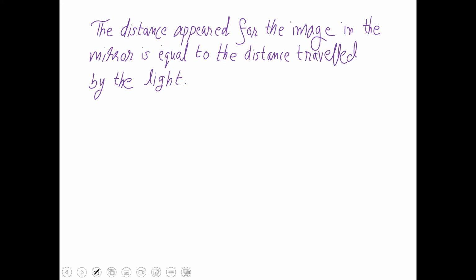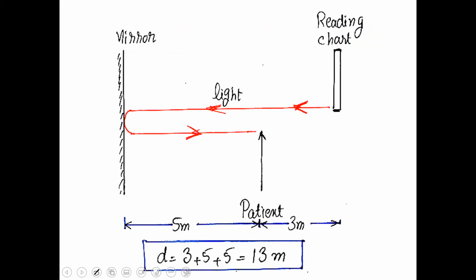Now you have to copy this thing. Done. So for example, look at this example. A person is reading the chart and light is coming from the chart and it is hitting the patient's eye.